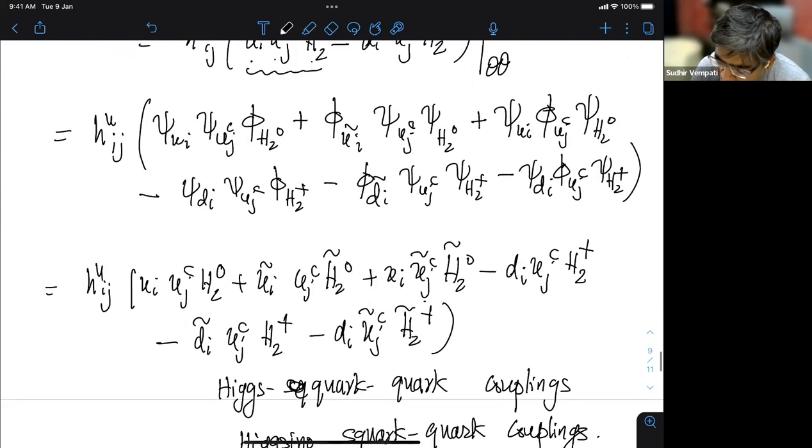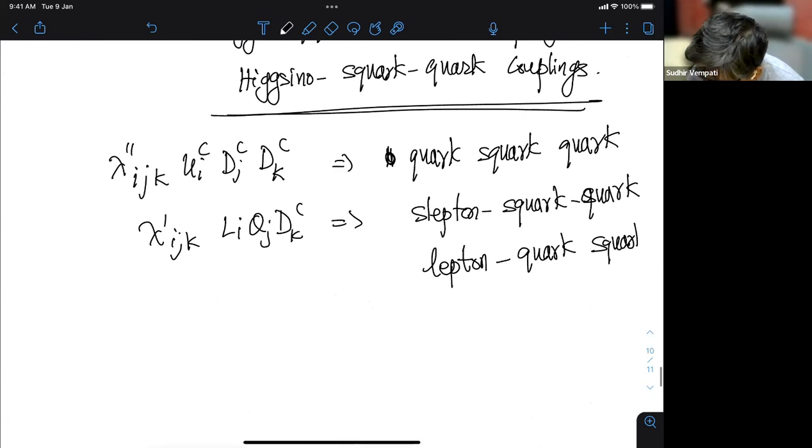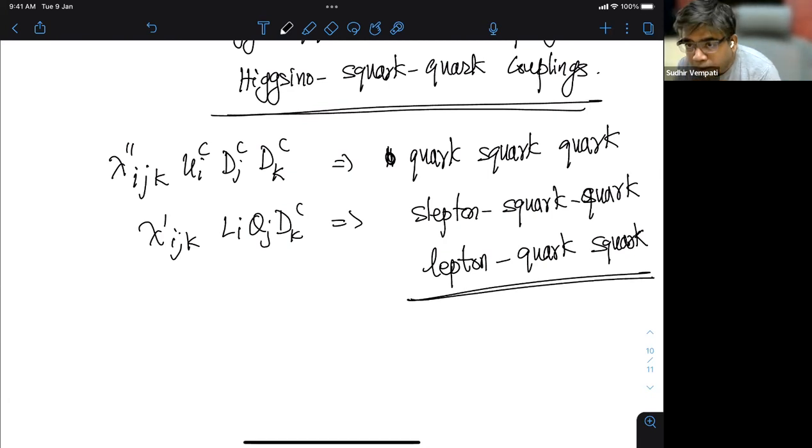Okay, we'll see it in greater detail in the next class, but I just wanted to introduce this kind of couplings. So here you have a coupling which couples at a vertex both a lepton and a quark.